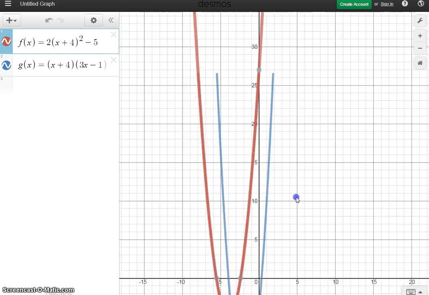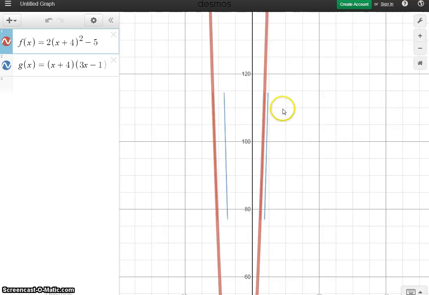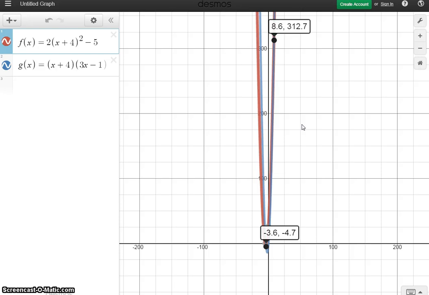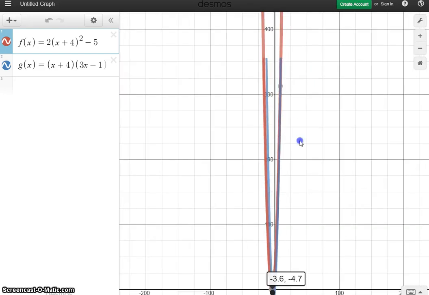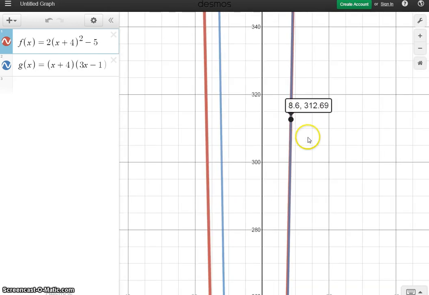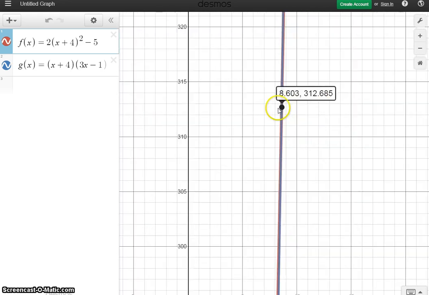And the other one, you have to go a little bit higher to get to it, but you'll see eventually it happens there at x equals 8.6. It's a little bit hard to see because they're overlapping a lot at that point, but they are intersecting there at 8.60 as well.